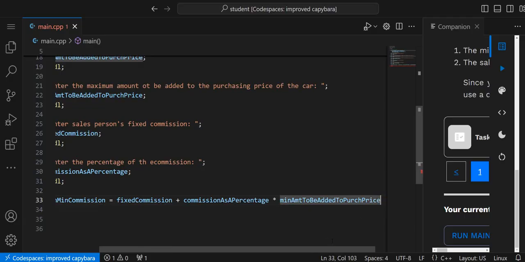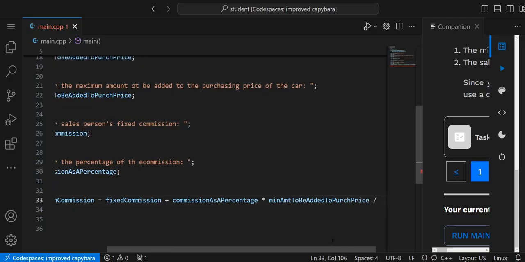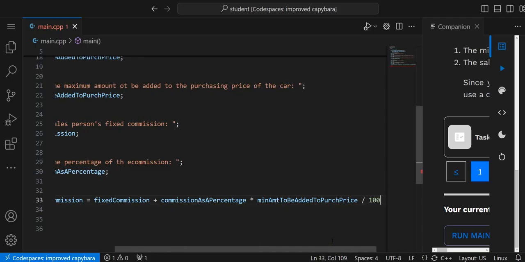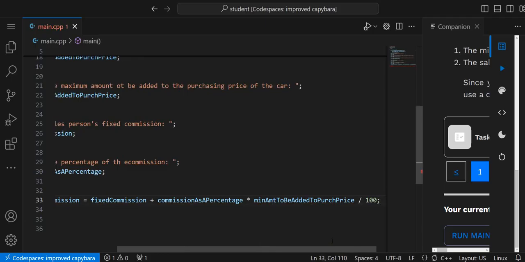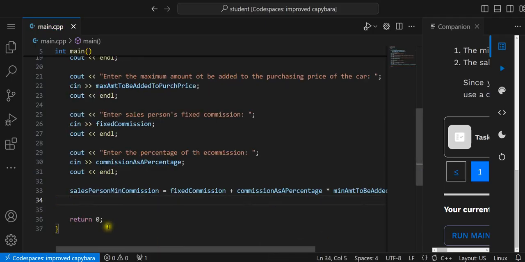Let's try without the brackets, divided by 100 for percentage. Boom. All right, so let's copy and paste this and just fill it in.